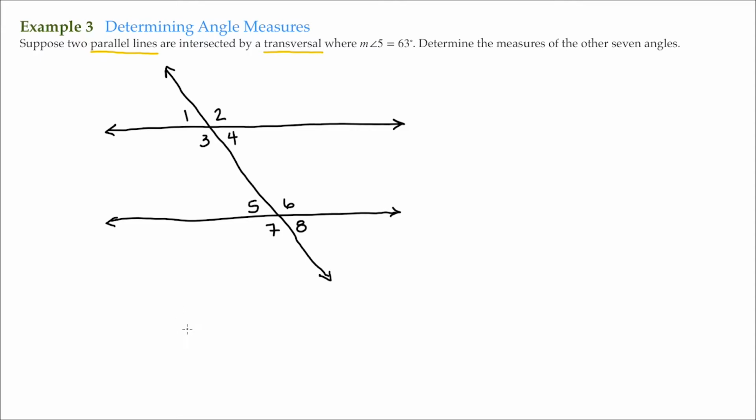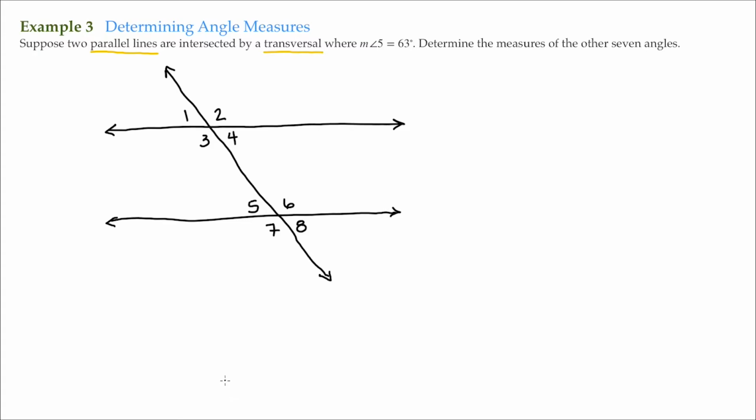Alternate exterior angles would be something like 1 and 8, and then 2 and 7. And what that says is that alternate interior angles will have the same measure. So 3 and 6 will have the same measure, and 4 and 5 will have the same measure. It also states that alternate exterior angles will have the same measure. So angles 1 and 8 will have the same measure, and angles 2 and 7 will have the same measure.